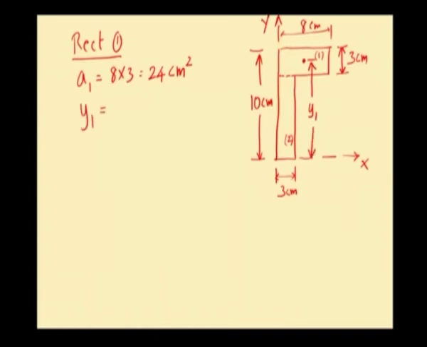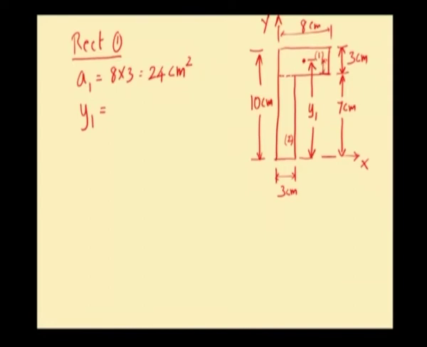The distance y1 will be from the x axis up to this bottom level, which is 7 centimeter. From x axis up to the bottom of this particular horizontal leg will be 7 centimeter. Thickness of the leg is 3 centimeter. So, this distance will be half of 3.